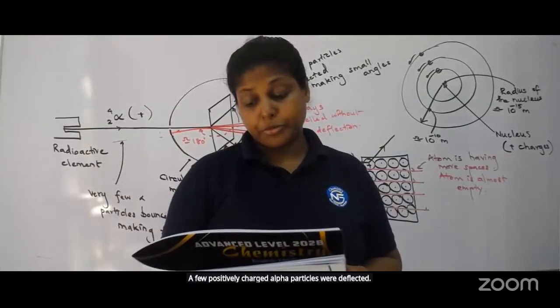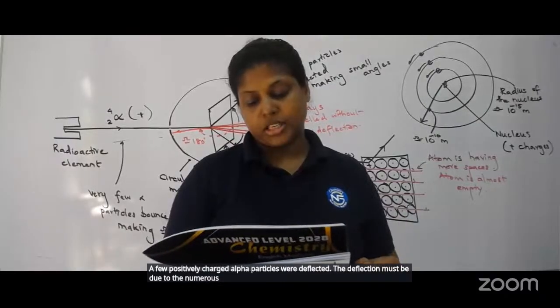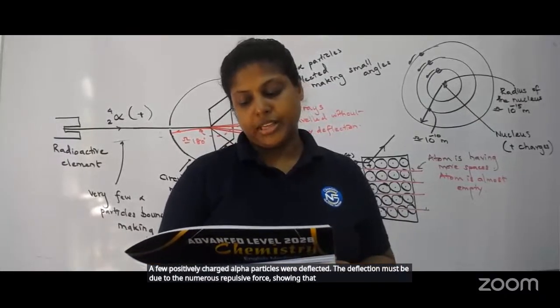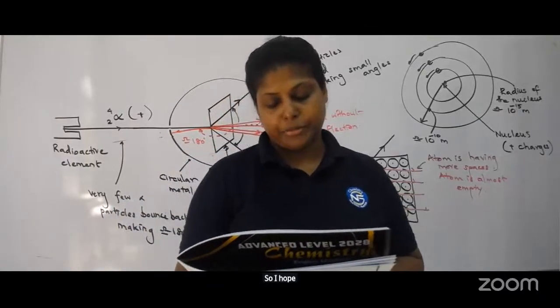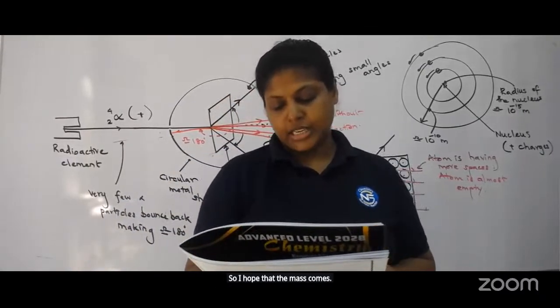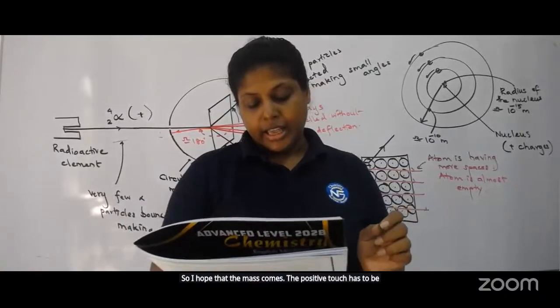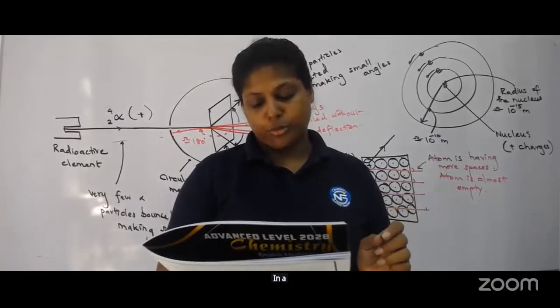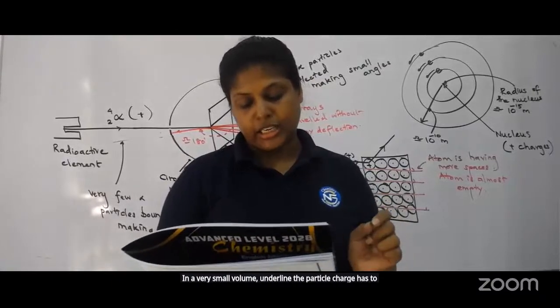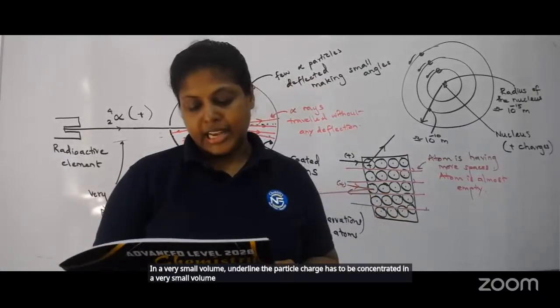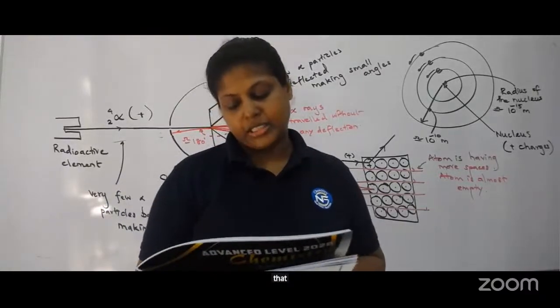The deflection must be due to a repulsive force, showing that the positive charge of the atom is not spread throughout the atom as Thomson presumed. The positive charge has to be concentrated in a very small volume that repels the deflected positively charged alpha particles.